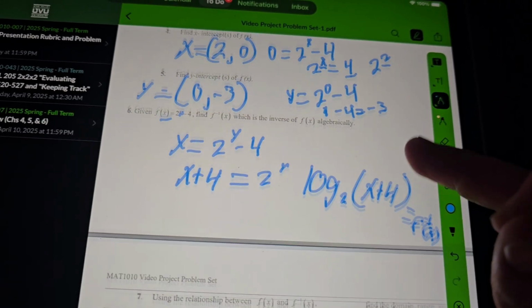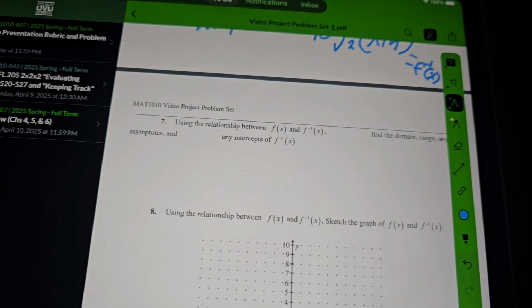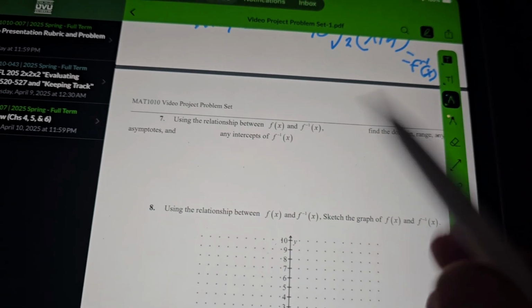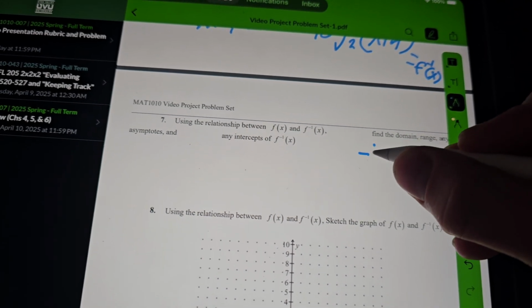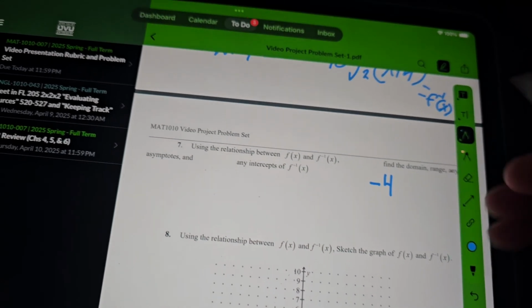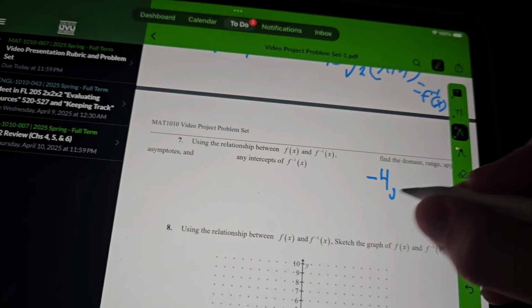of x. And then down here we have to describe the relationship between everything on the inverse, which just means everything gets flipped. So the domain will be negative 4 comma infinity.